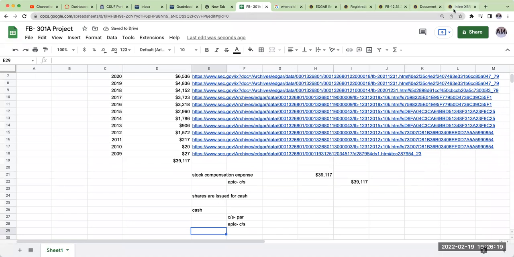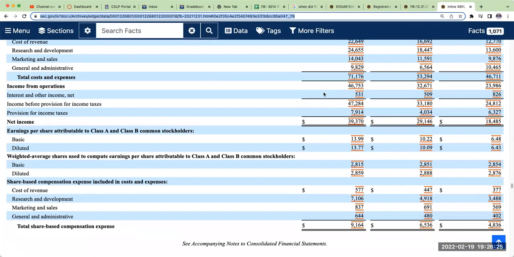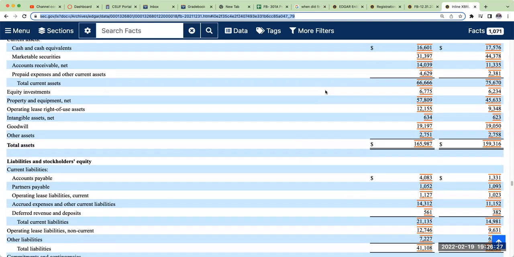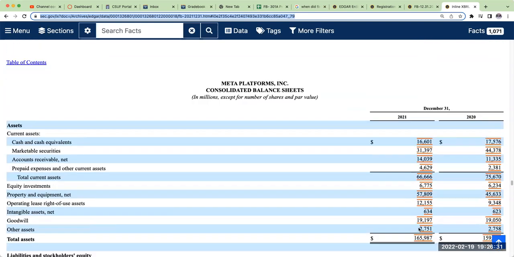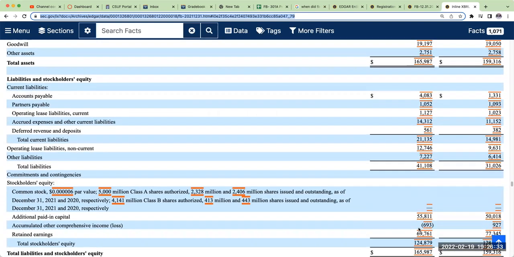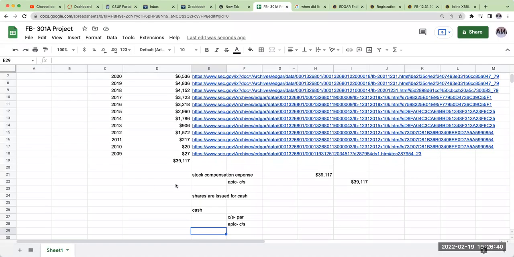And as an investor, when we look at Meta Platforms, we see that their additional paid-in capital as of December 31st, 2021 is 55,811,000,000.